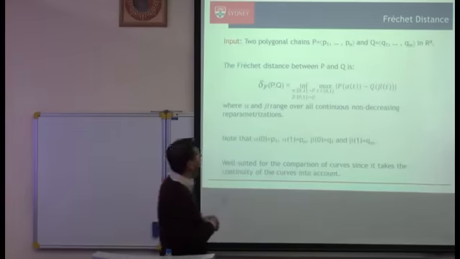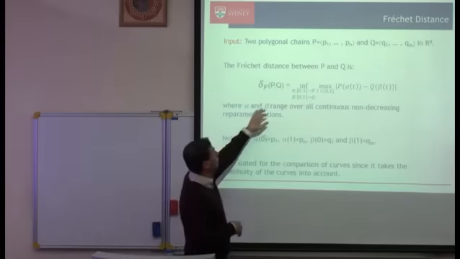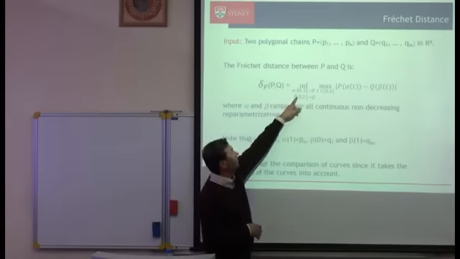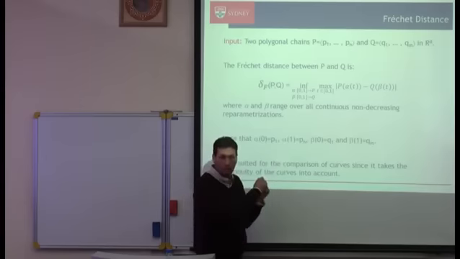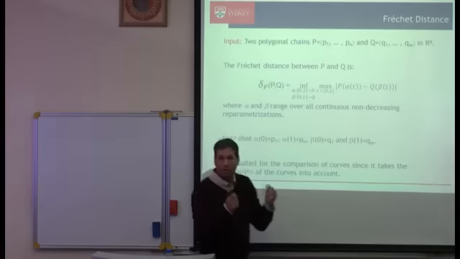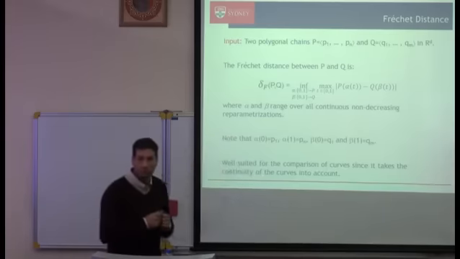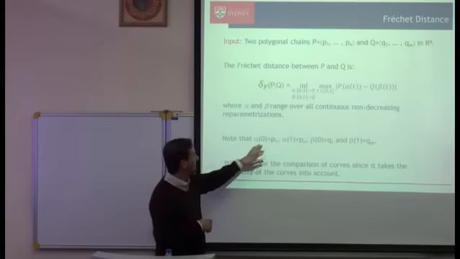The more formal definition is that the Fréchet distance between P and Q is the infimum over all reparameterizations, alpha and beta, so you parameterize from the start to the end of the paths, and you take the maximum of all the parameterized points. Okay? And as I said, you have to start at the start of the curve.